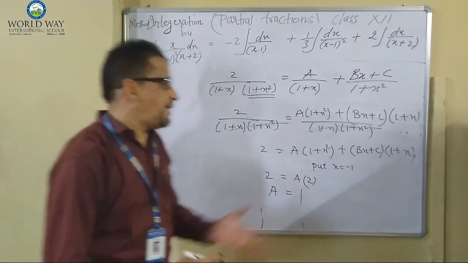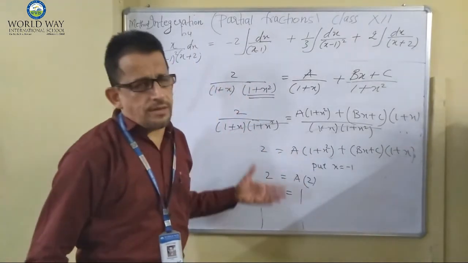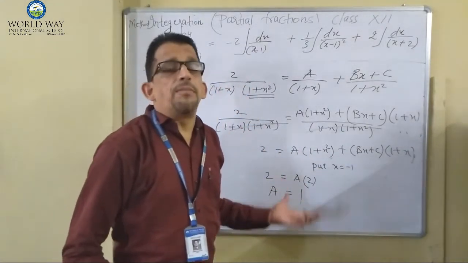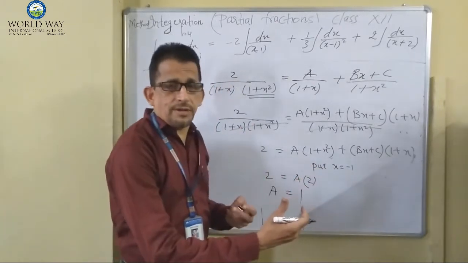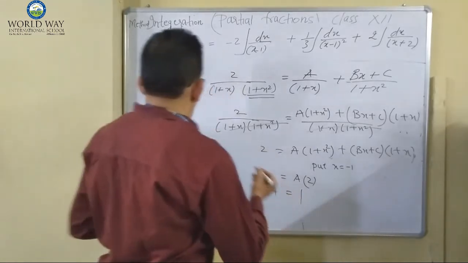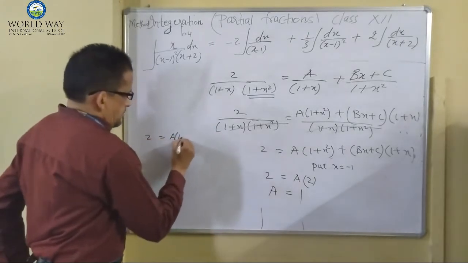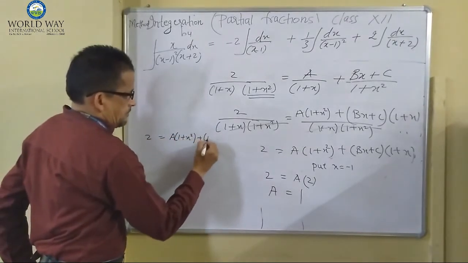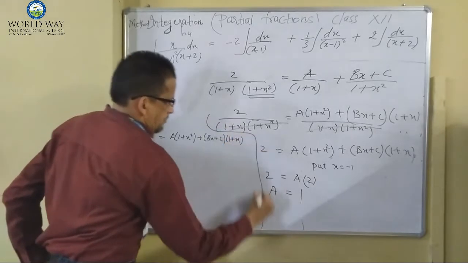Now how to find the value of b and c? No linear factor is left. So now apply the second rule. Compare the coefficient of like term. पहले हम x स्क्वायर के टर्म का कोफिशिएंट कंपेयर करेंगे, फिर जरूरत पड़ी तो x का करेंगे, फिर जरूरत पड़ी तो कांस्टेंट करेंगे. So now I am writing this again. ठीक है.